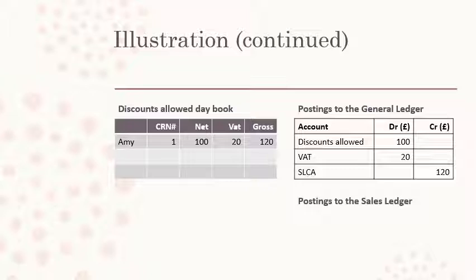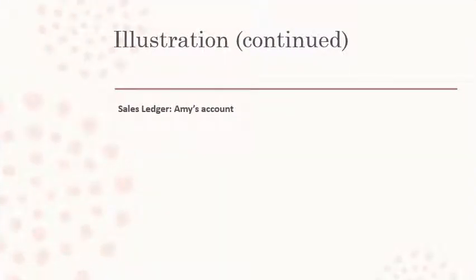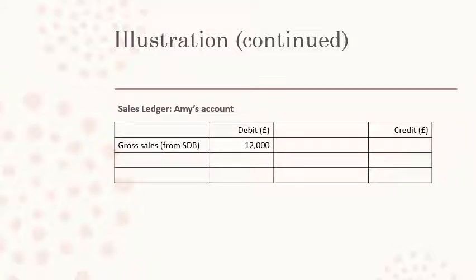We'll also make a posting to the sales ledger, specifically Amy's account in that sales ledger. And there we will credit Amy's account with £120. So when we look at Amy's account in the sales ledger, the gross sales of £12,000 will have been debited to her account.